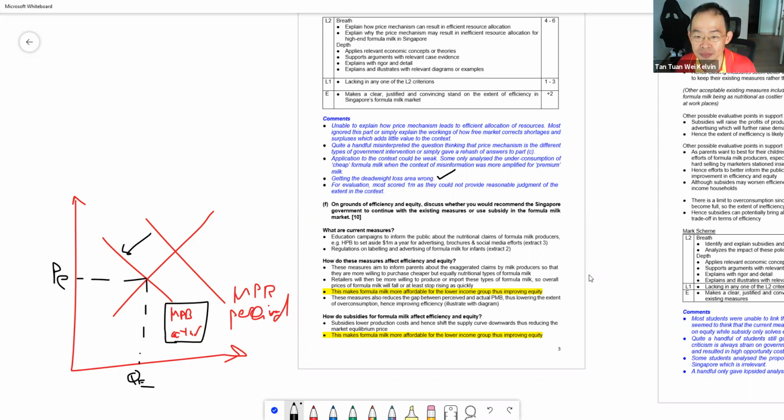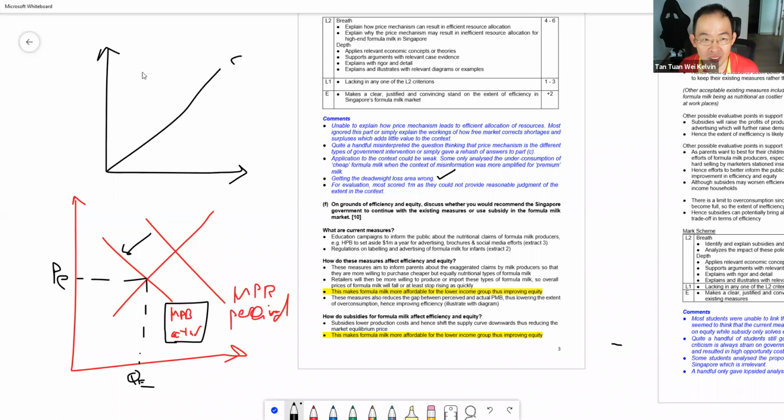Okay. Then your subsidy, right? If you want to draw a graph, you can draw the graph that I taught you in your book 2. Do you recall? So if you want it to be more equitable, you shift supply to the right with a subsidy. So it lowers the price to the buyers, but raises the price to the seller.